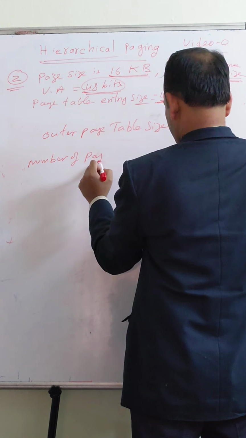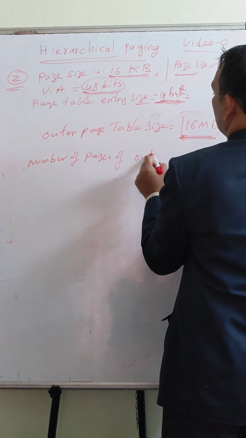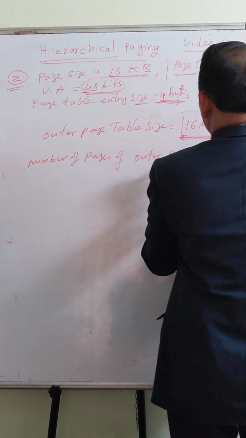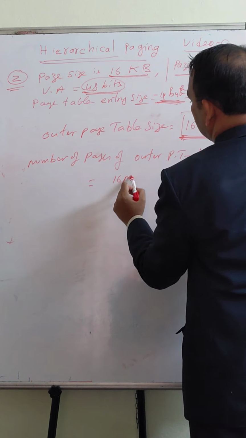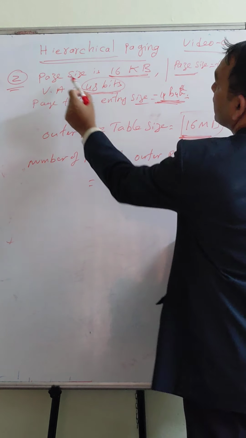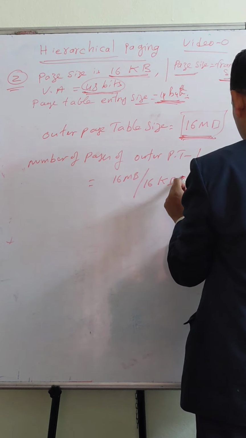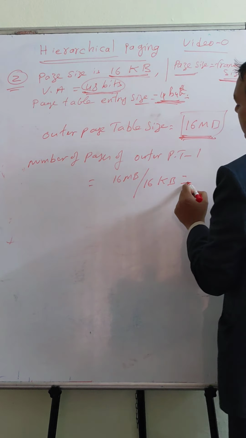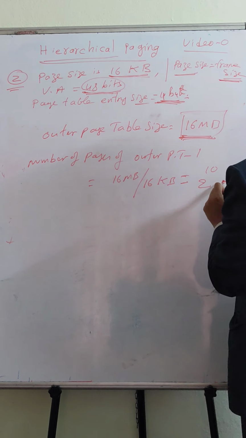The number of pages of outer page table 1 is equal to 16 MB divided by the page size of 16 KB, which is 2^10 pages.